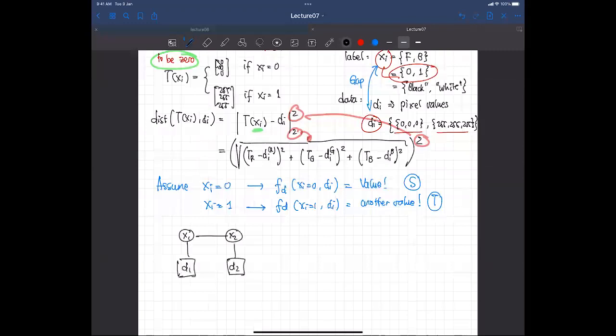Actually, when we talk about fd here, there are 2 values here, which is S or T. S and T are the values here.